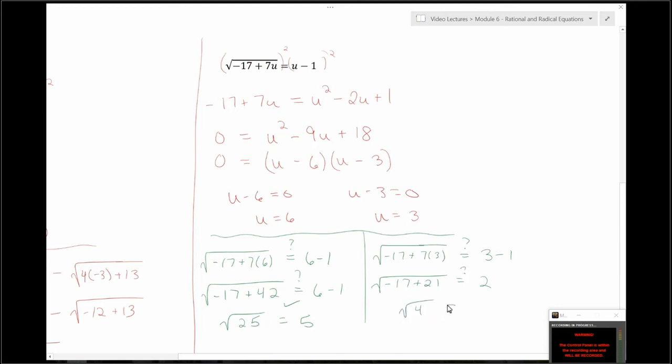And we see, yeah, in this case, 3 also works. And we would have known that if we had solved.